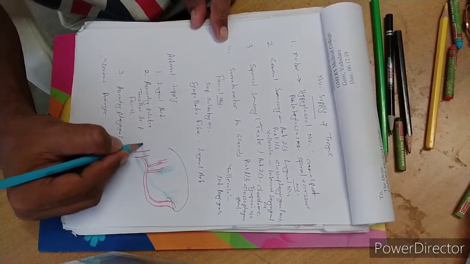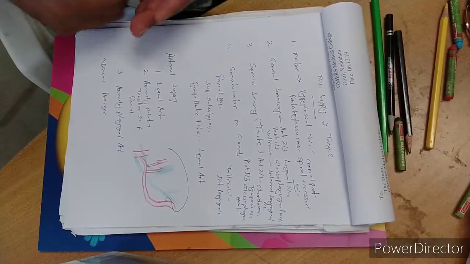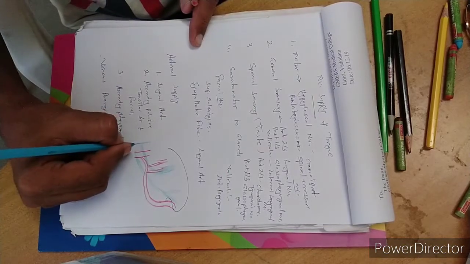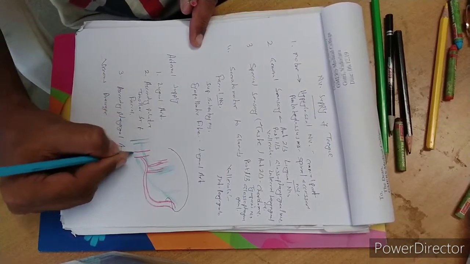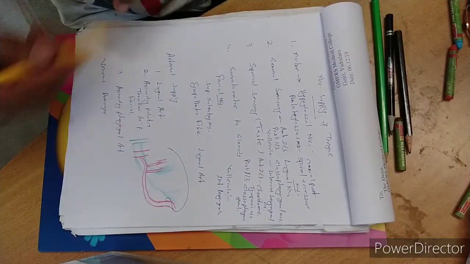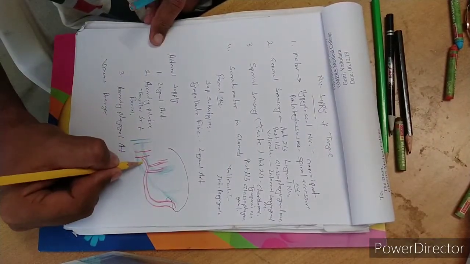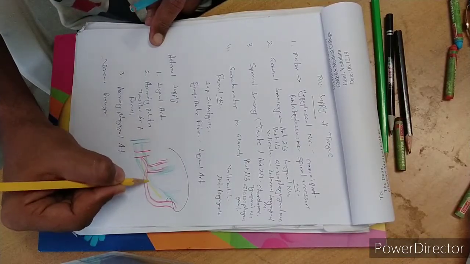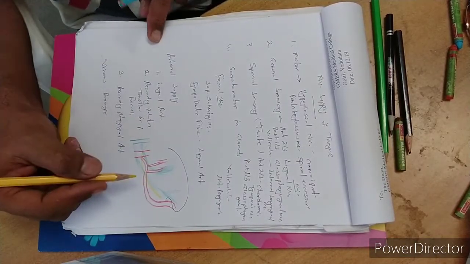It passes in front of the external carotid artery, and then enters into the internal jugular vein. So the venae comitantes pass through, and here the hypoglossal nerve runs, like this. And this hypoglossal nerve runs along with the 2 veins.